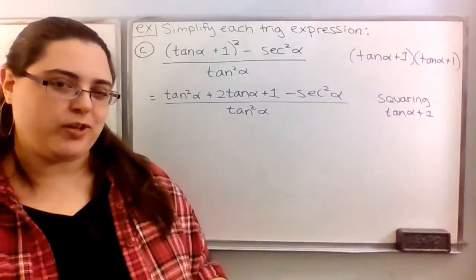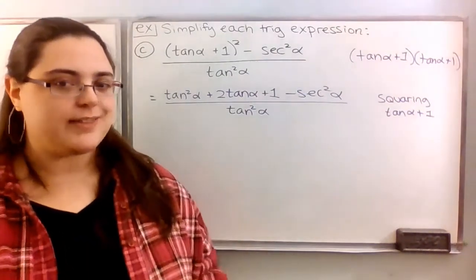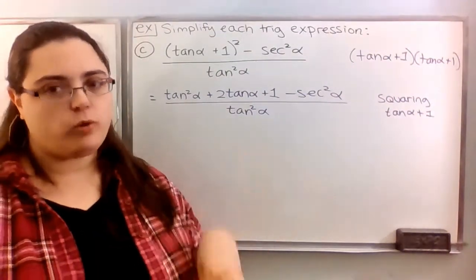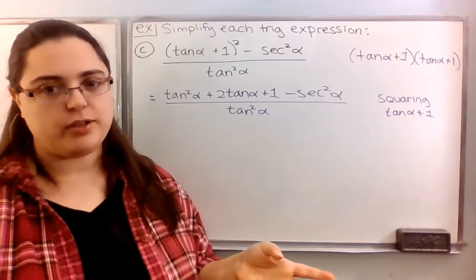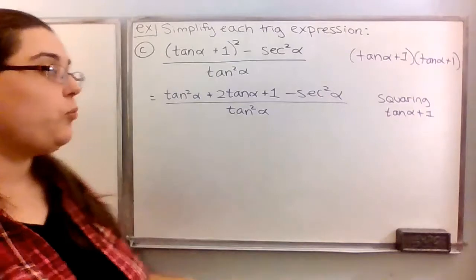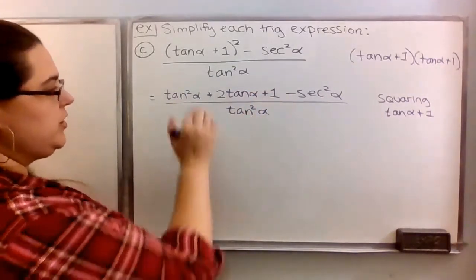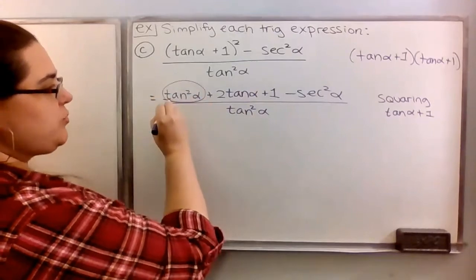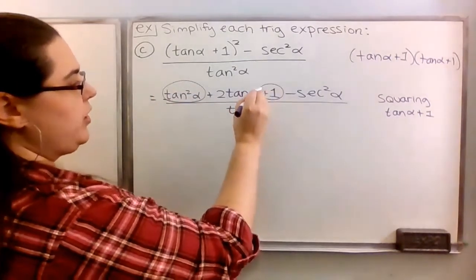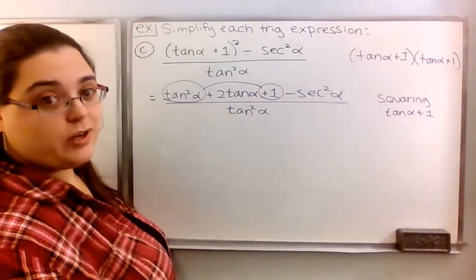Next, here's where I'm going to apply my Pythagorean identity. So my Pythagorean identity says that if I take 1 and I add tangent squared to it, I end up with secant squared. So what's happened when I did that squaring of the binomial, I ended up with a tangent squared alpha plus 1. So that's going to be the same as secant squared alpha.